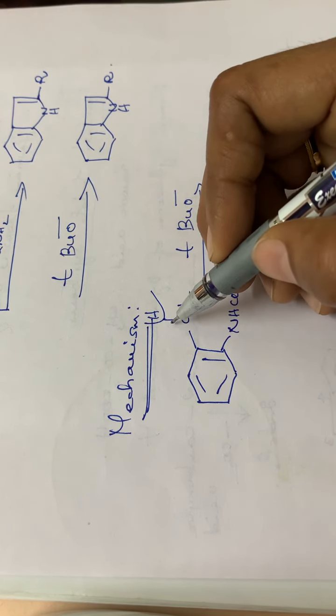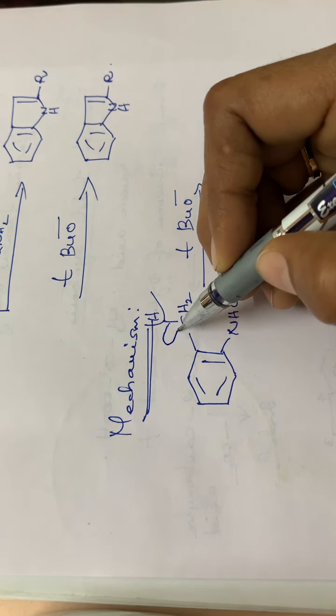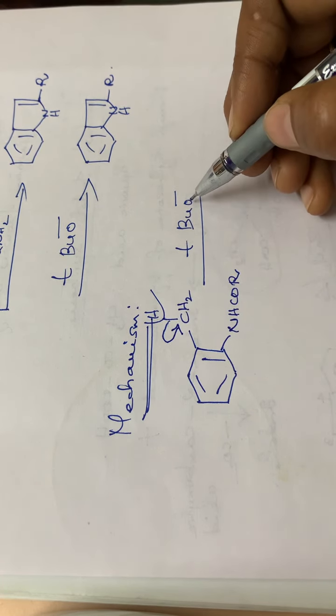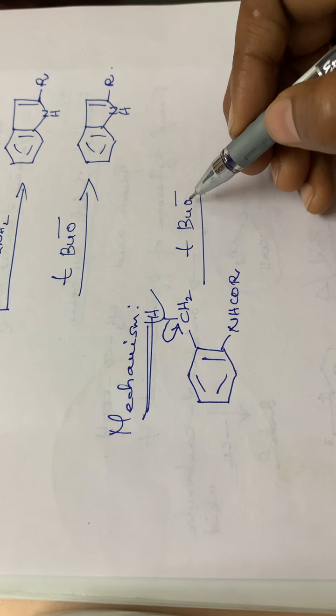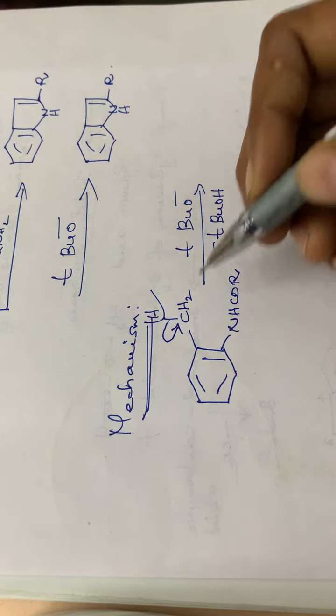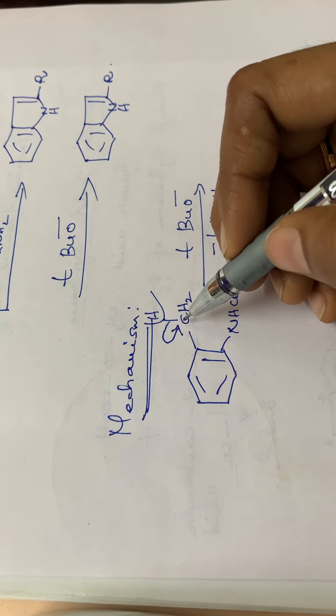So what happens to this electron pair? The electron pair will be moving to this carbon atom, so that this CH2 group will be getting a negative charge. This hydrogen is abstracted by the tertiary butoxide, so that it is eliminated as t-BuOH. Then this electron pair moves to this carbon atom, which gets a negative charge.